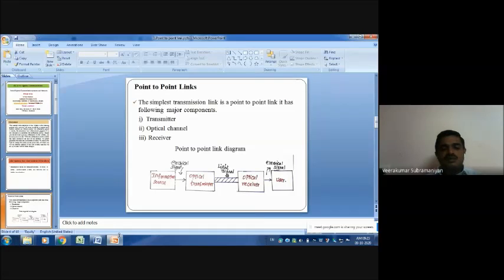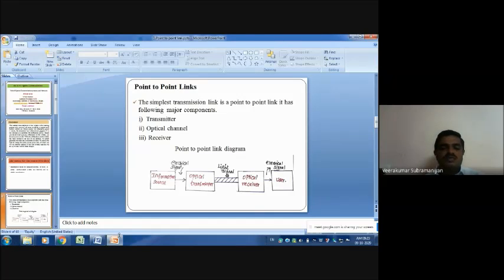Then it is connected to the fiber optical cable. The transmitter converts the entire electric signal into a light signal. Then the light signal is transmitted over the fiber optical cable.